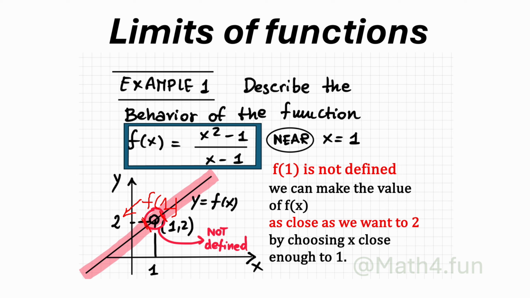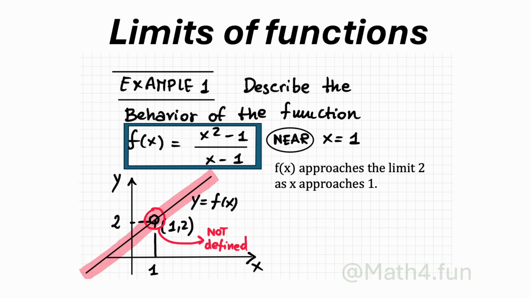So how can we write this concept? In this way: the limit of f(x) as x approaches 1 is equal to 2, because of this.